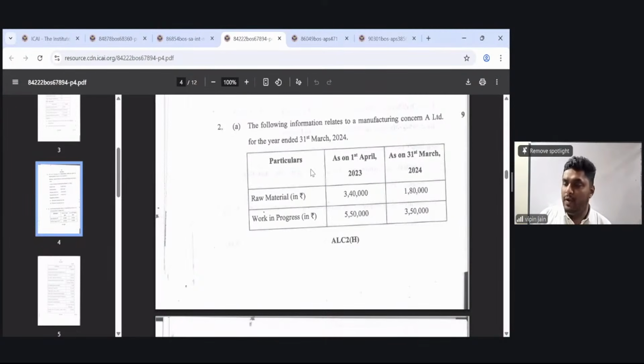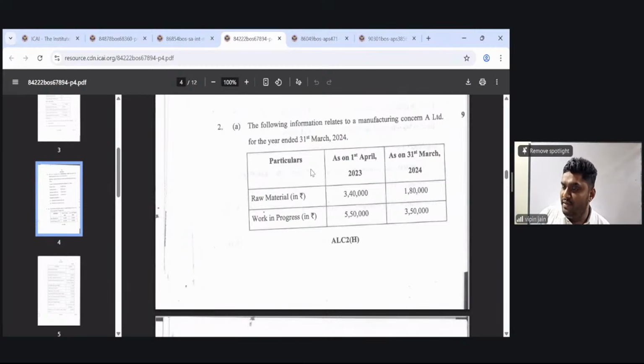So this question is from January 2025. Let's start with this question. If you guys have any doubts or queries, you can just simply mention. The following information relates to manufacturing concern A Limited for the year ended 31st March 2024.